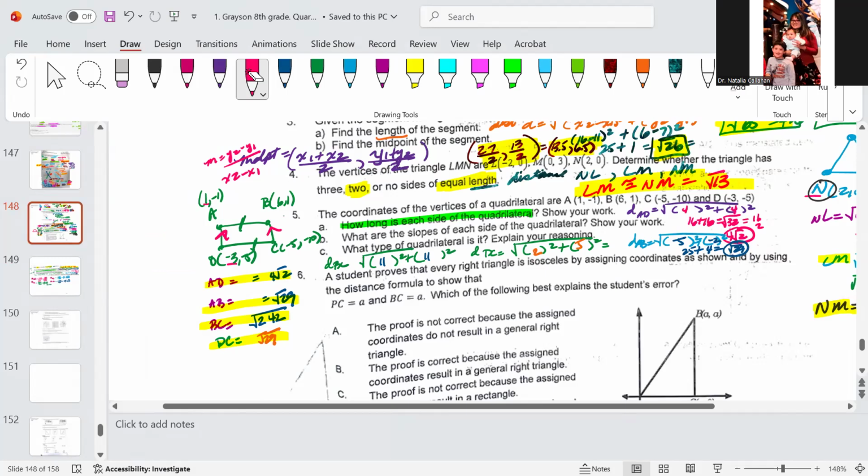So what we're looking at is, AB is the same thing as DC, right? Actually, we could do it this way.